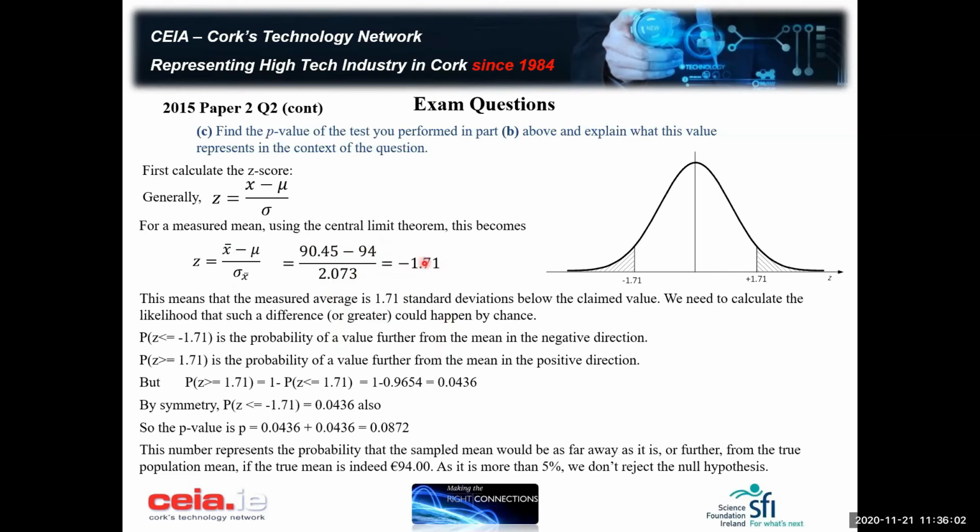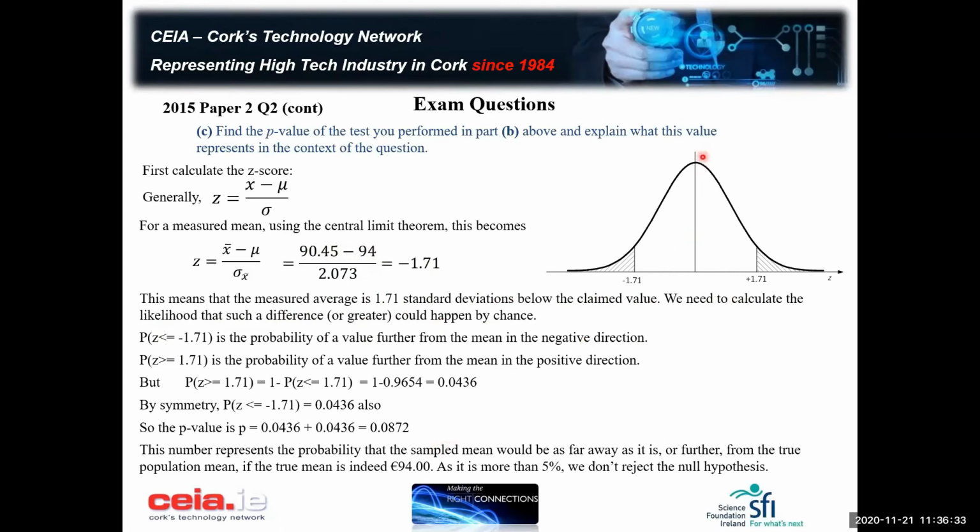What this means is that the measured value of 90.45 is that many standard deviations below the claimed value of 94. And we want to know how likely is it that, obviously there's a difference there, such a big difference could have occurred by chance?